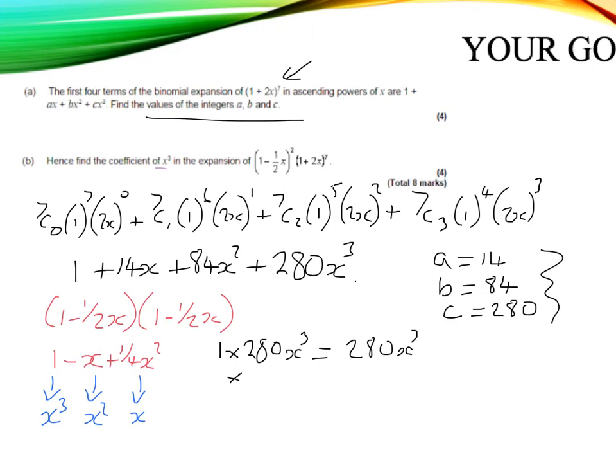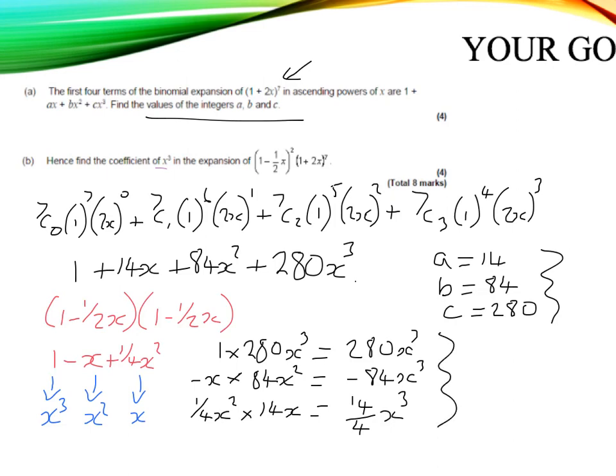I've got minus x multiplied by 84 x squared, which is minus 84 x cubed, and the final part is I have a quarter x squared multiplied by 14x, which is going to give me 14 over 4 x cubed, and I can now add up all of these values to get my final coefficient. And I'm going to do that on my calculator, which works out at 199.5.